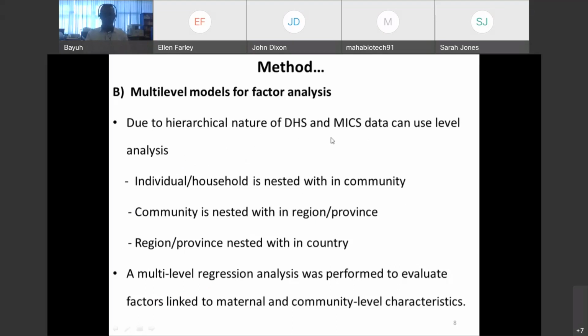Due to the hierarchical nature of DHS or MIS data, different levels can be used, because individuals are nested within households, households nested within communities, communities nested within regions or provinces, and provinces nested within countries. For such data, two or more level analysis is used, but I used only two-level analysis. The lower level is maternal characteristics and the higher level is community or enumeration area characteristics.